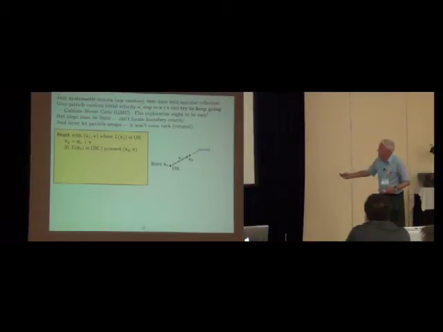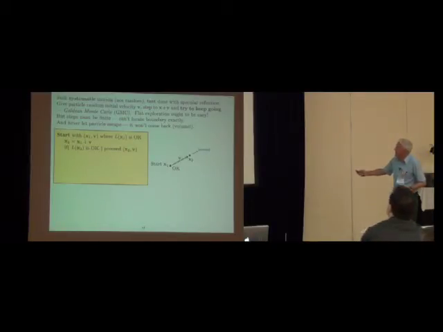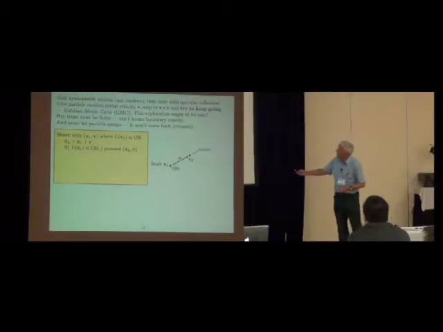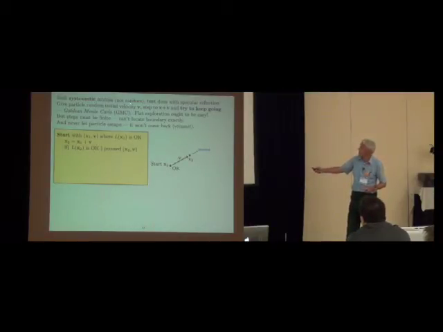I want systematic motion, and that's best done with specular reflection, bouncing off the edge. Very intuitive thing to do. If you think of the million-dimensional picture I just drew, you just bounce around the edge. That is done by giving the particle a random velocity and stepping around and trying to keep going.